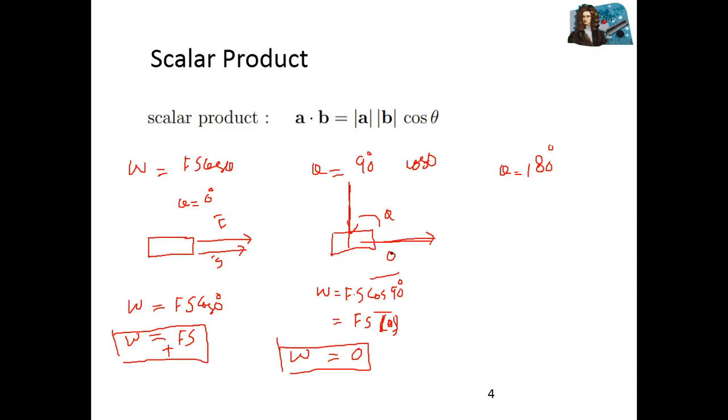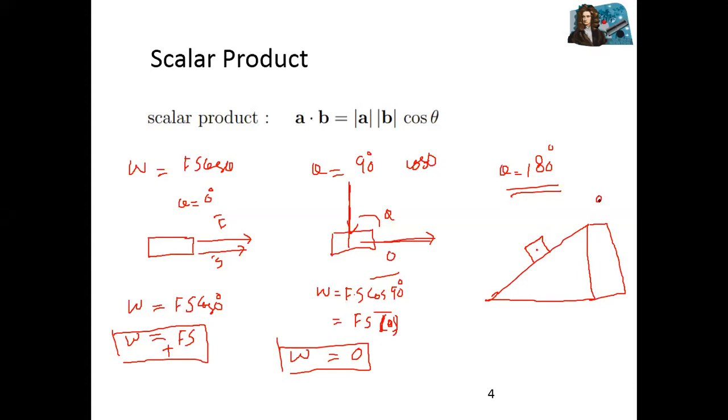Third condition is 180 degrees. What does 180 degrees mean? For example, you want to lift a heavy weight, but it is too heavy.